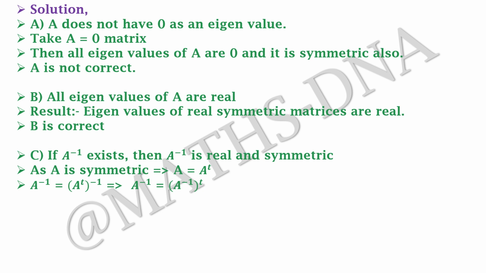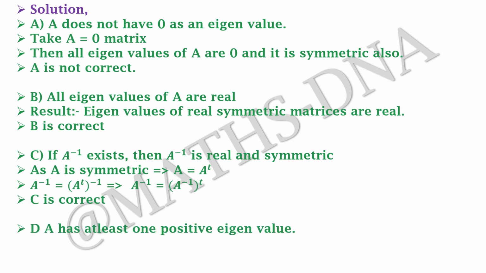And we know that a matrix is symmetric if A is equal to Aᵀ, so here A inverse is equal to (A inverse) transpose, which implies that A inverse is symmetric, and therefore option C is also correct. And the last option, D, A has at least one positive eigenvalue.